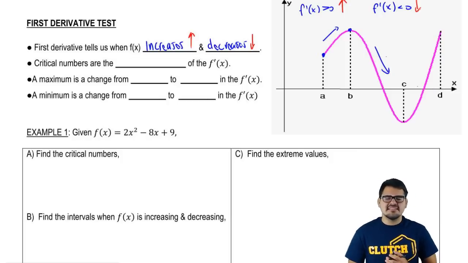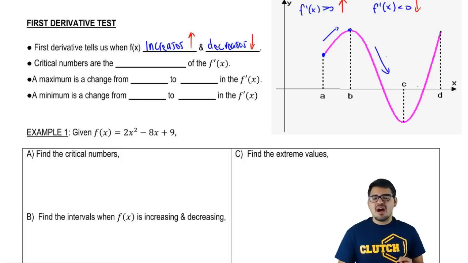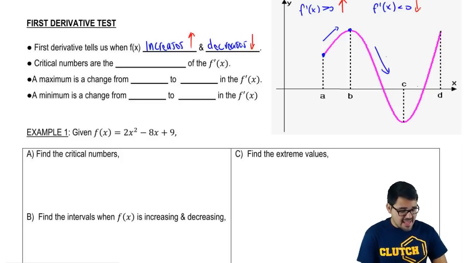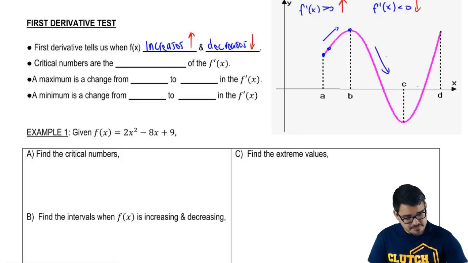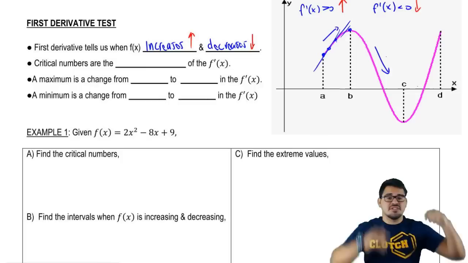And why exactly is that? Think about that. We have a first derivative that is positive. That just means that the slope, which is what a derivative is, is positive. And that means the slope of the tangent line at any point here is always going to be positive. Therefore, whenever our first derivative is positive, our function is increasing.